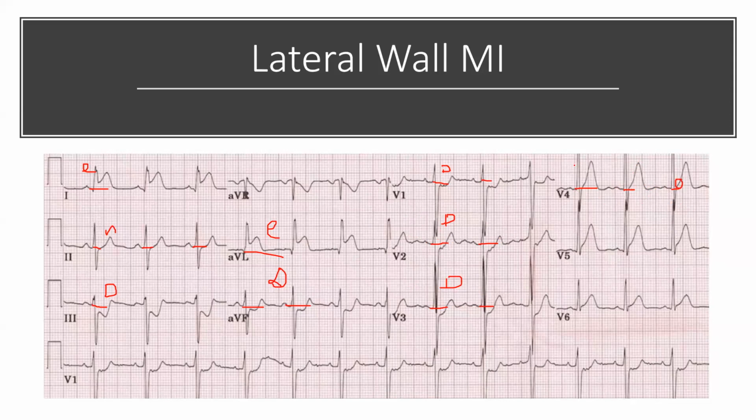V4 is slightly elevated, right? Okay. And V5, and V6. Okay, so we have ST elevations in 1, AVL, V5, and V6. V4 is elevated, but it does not have a partner, so we cannot claim that there is an anterior wall MI. So in this particular example, we have a lateral wall MI.